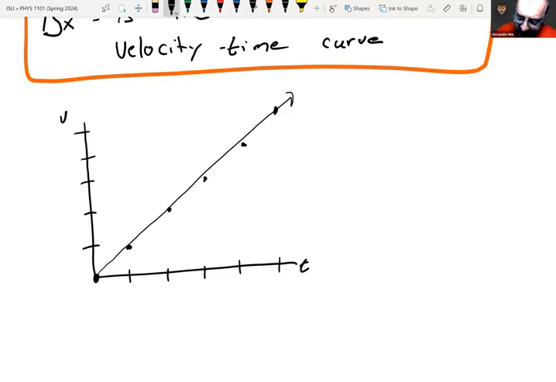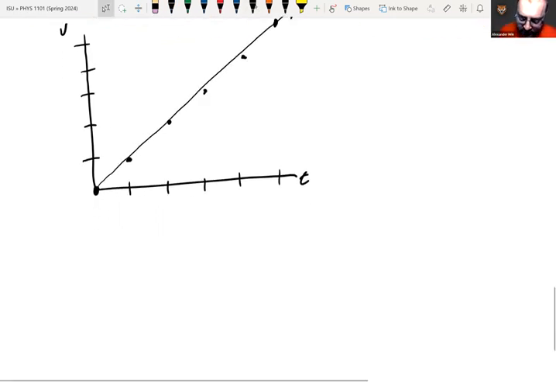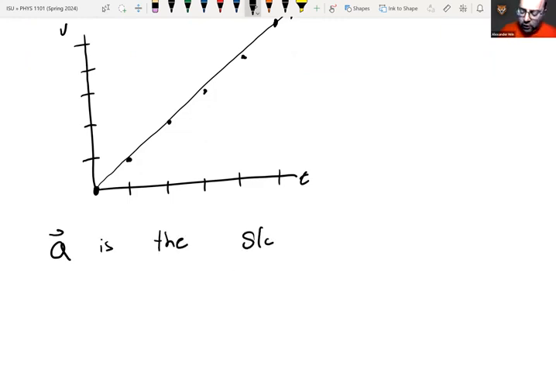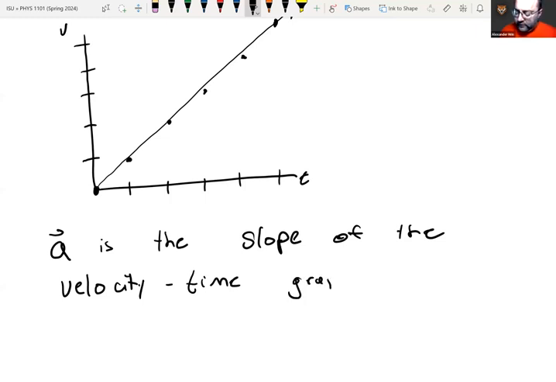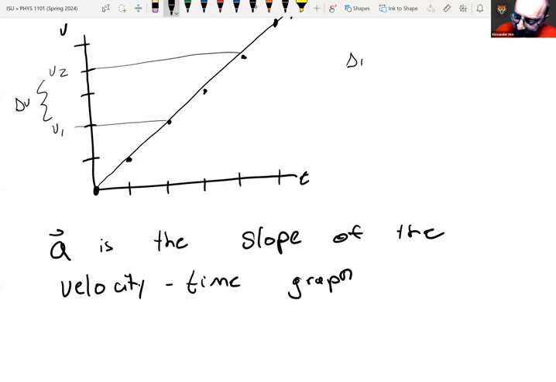Well, one of the things we can say, and I'll do this below, is that the acceleration is the slope of the velocity time graph. Okay, so the reason why that's the case is that we might have V1 and then V2. Well, this distance between the two is going to be delta V. So delta V is just going to be V2 minus V1.